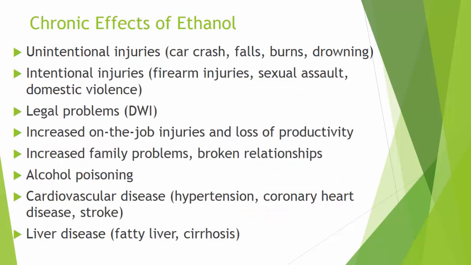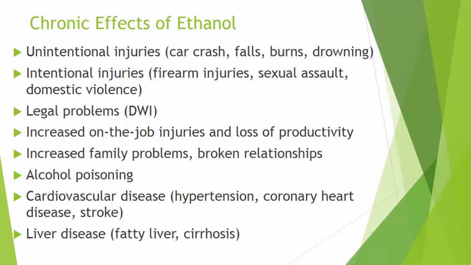Then we've got the chronic effects of ethanol, meaning over time, when people are using large quantities of ethanol regularly, what kinds of things can happen? Well, we've got both unintentional and intentional injuries.